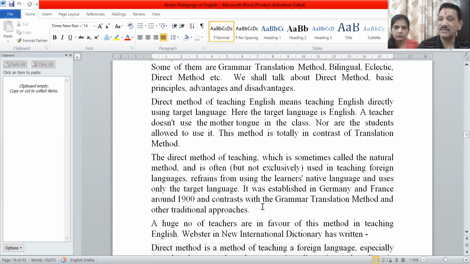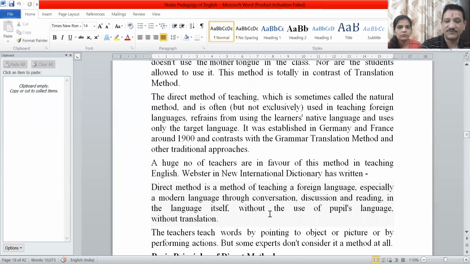But it was considered that translating English into another language gives emphasis to both languages, the mother tongue and English. Therefore, the direct approach, that is the direct method of teaching English, was used.